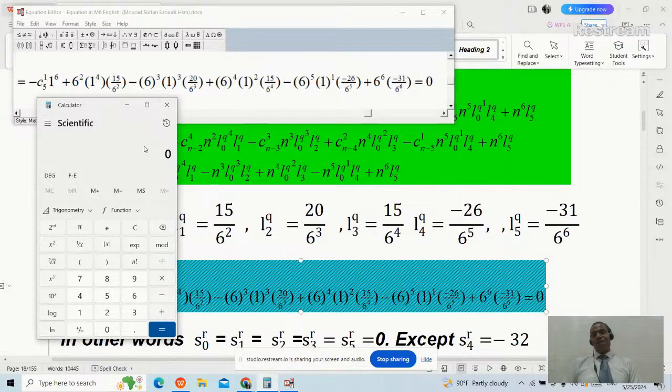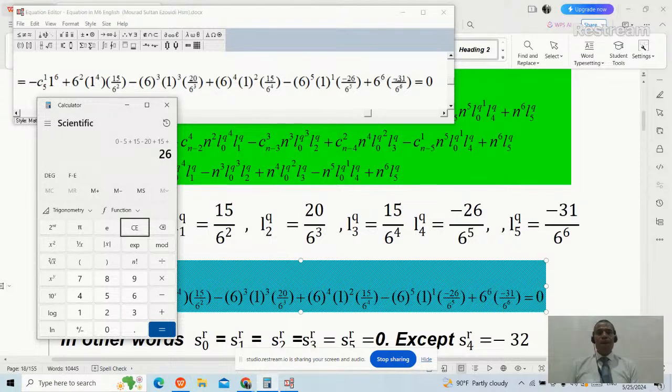Therefore, I will just write negative 5, plus 15, because this is 15, minus 20, because this is a 20, plus 15, then minus 26 means minus multiplied by minus is positive, so positive 26.